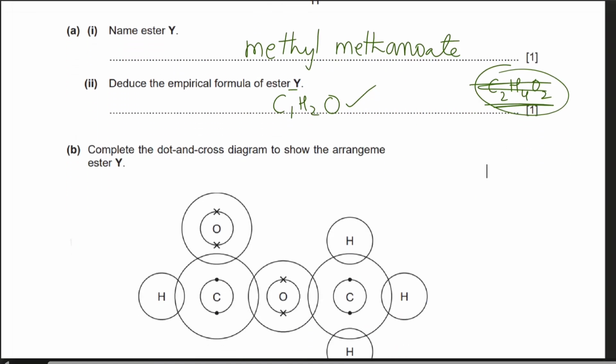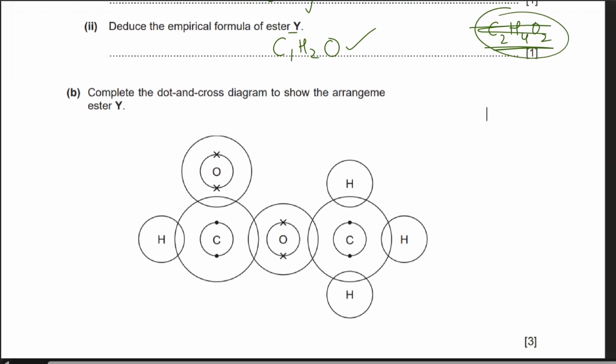Complete the dot and cross diagram to show the arrangement of electrons in ester Y. There is some printing error, I guess, here. Just a second. Here we have C double bond O, OCH3, methyl methanoate.